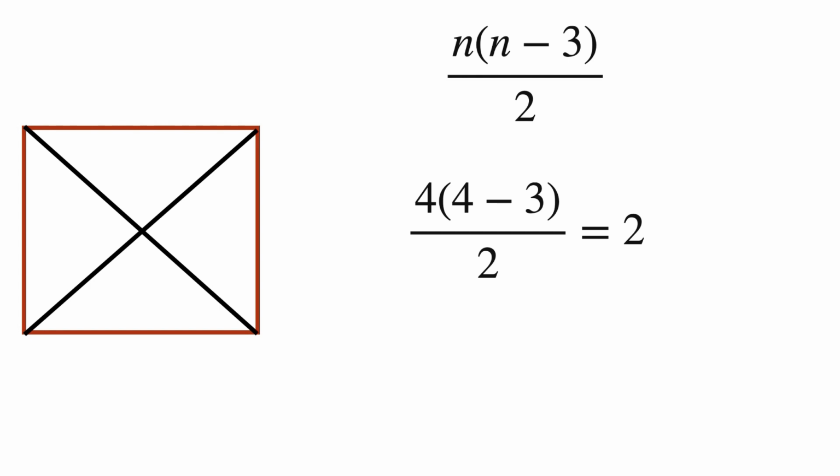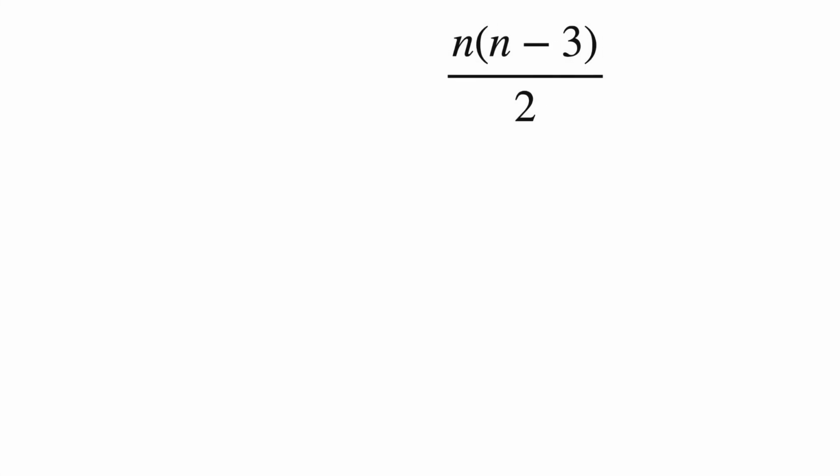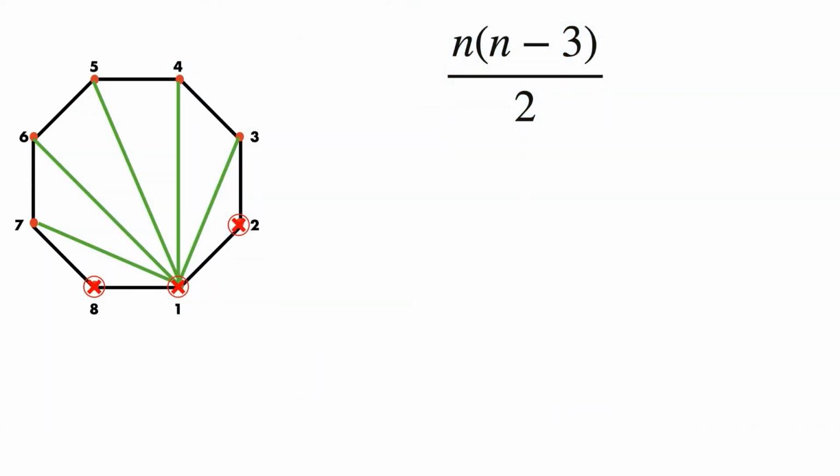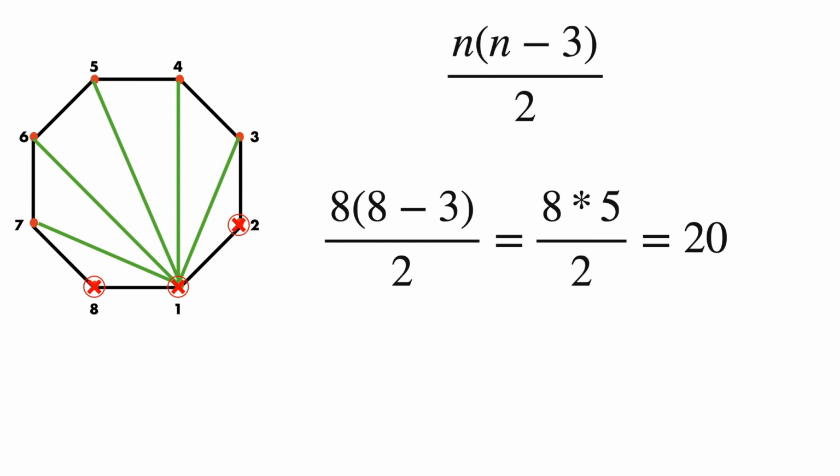Similarly, in an octagon, there are 8 vertices. Hence, n is 8. After substituting, the expression becomes 8 times (8 minus 3) divided by 2. After solving this expression, the solution is 20. Just remember this formula, that is n times (n minus 3) over 2. You can find the number of diagonals in any polygon in less than 5 seconds.